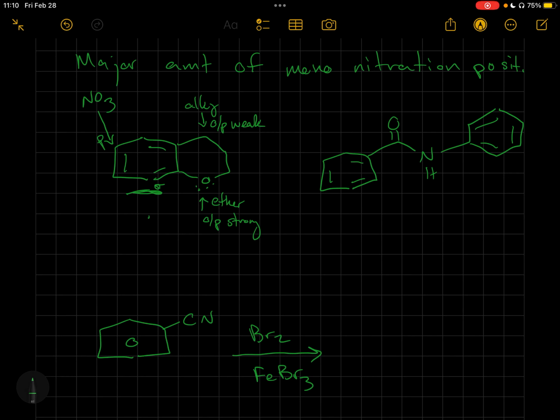Now, if we look at the other structure that I picked out from this problem, we now have two benzenes, so there's two options for which ring the nitro could attach, but we've been told it's mononitration, so we're only going to get one nitro on either one of those rings. So we have our carbonyl, that's, if you remember, a meta-director, which is also a deactivator, okay? And then if we draw in our lone pairs, we have an amide that's attached by the nitrogen. That's an ortho-para director, and it's going to be an activator.